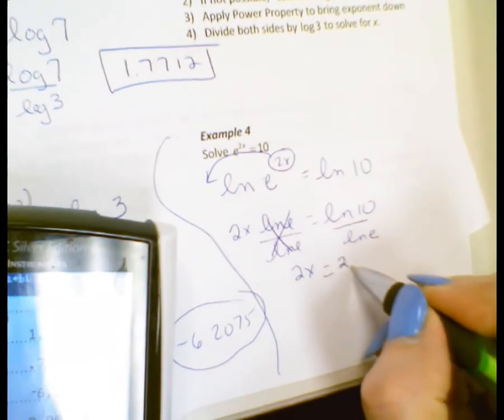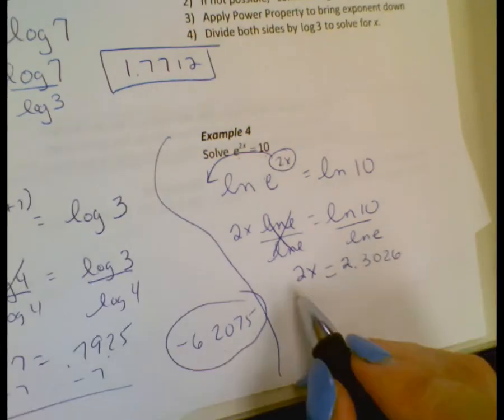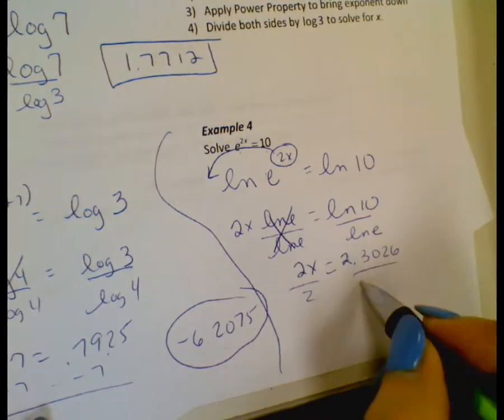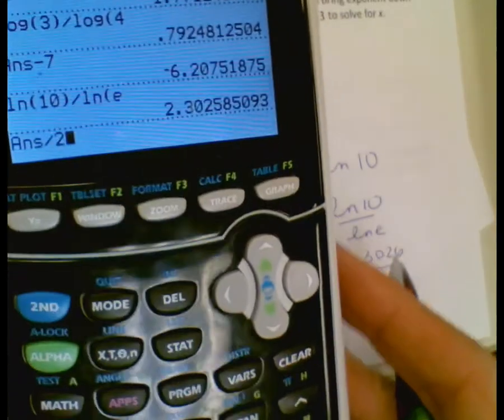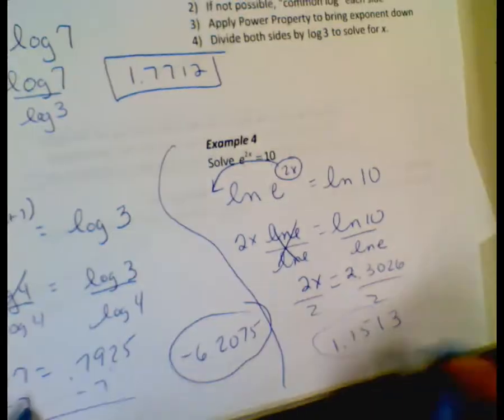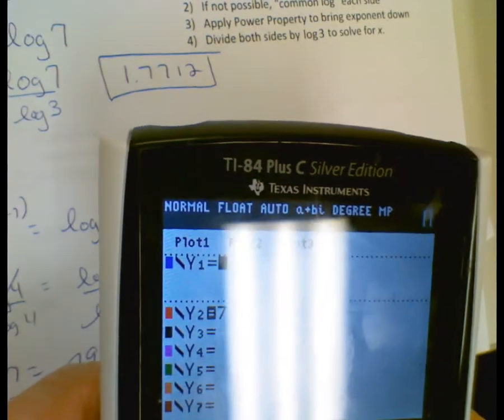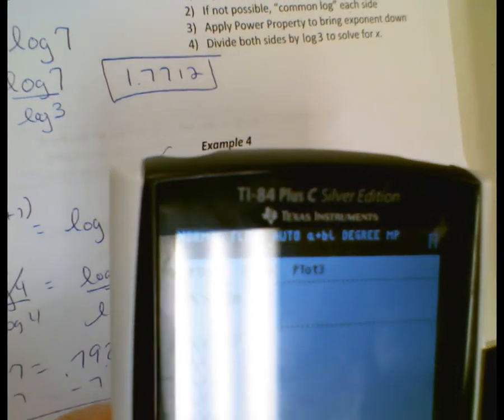It's 2.3026. And then you still have a 2 in front of x, so we're going to divide by 2. And your answer is 1.1513.